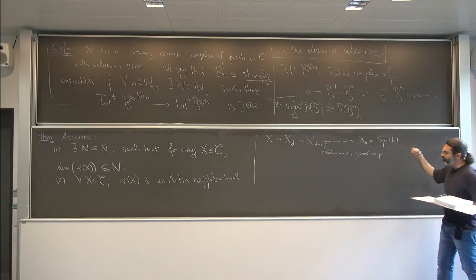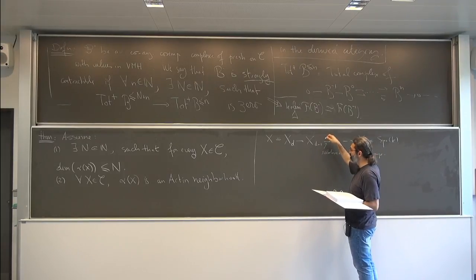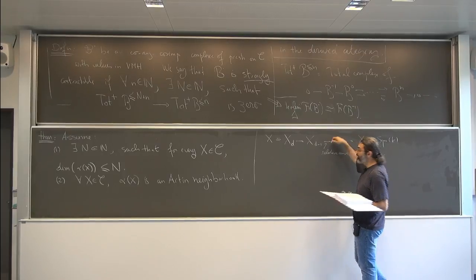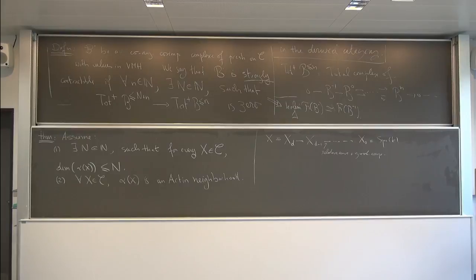Namely, they are affine curves, and they have a compactification where the divisor is étale over the next one. This is the notion of Artin neighborhood.